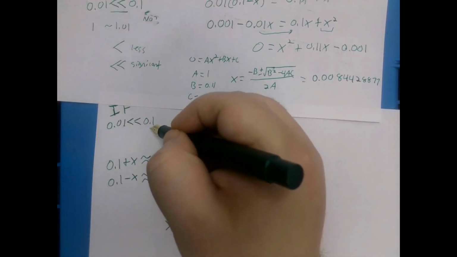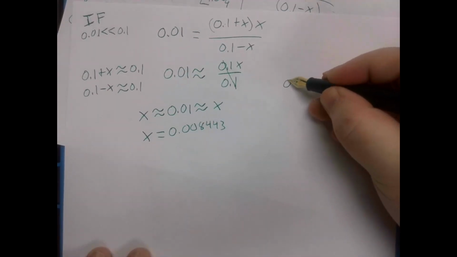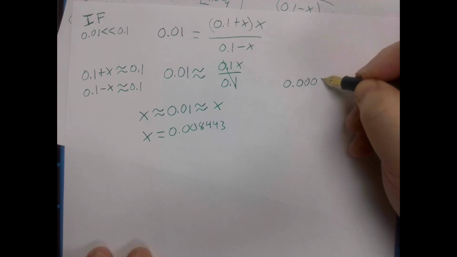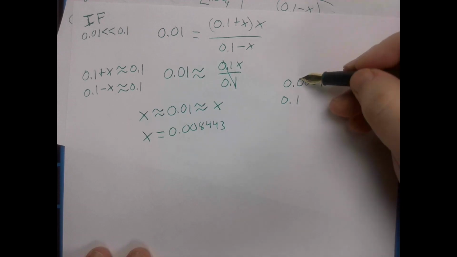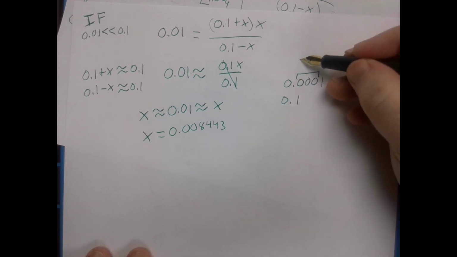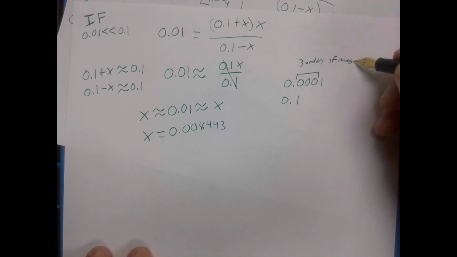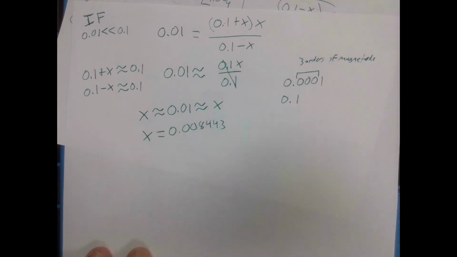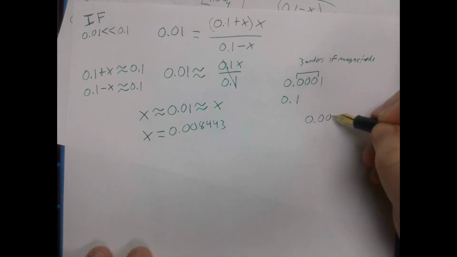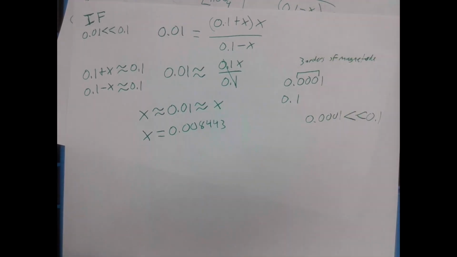We only need to add 1 zero in here to get to it. I would say 0.0001 versus 0.1, where we have 3 additional zeros, so this is 3 orders of magnitude, is when you could probably say that they're approximately equal. Or you would say 0.0001 is significantly less than 0.1 when you have 3 orders of magnitude. Well, that's only 1 order.